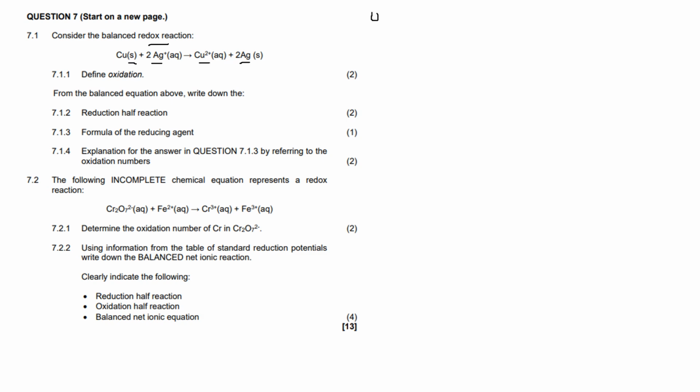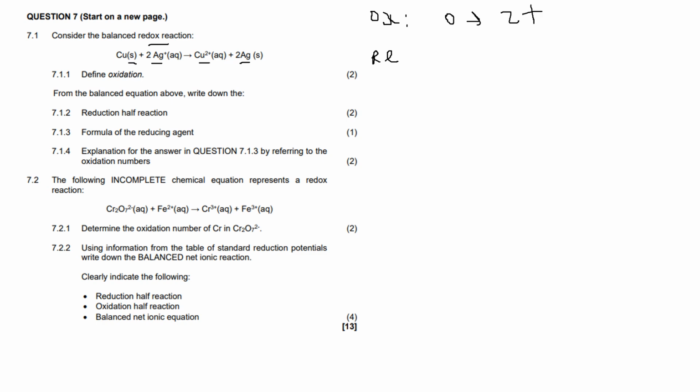As we know, oxidation is the loss of electrons. Reduction is the gaining of electrons. So with oxidation, you can go from 0, for example, to 2 plus.